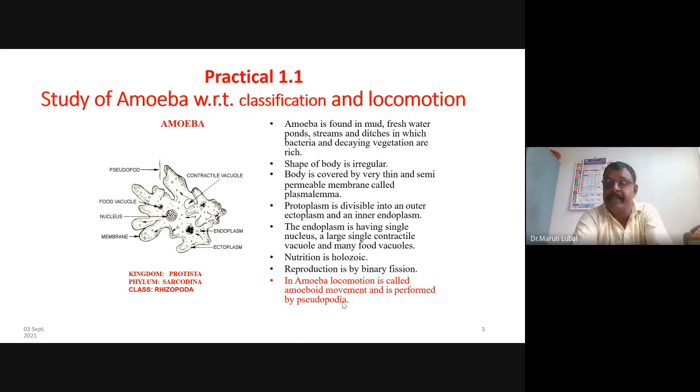The endoplasm has a single nucleus, a large single contractile vacuole, and many food vacuoles. Holozoic nutrition and binary fission type of reproduction. The locomotion of Amoeba is called amoeboid movement, and it is performed by pseudopodia.